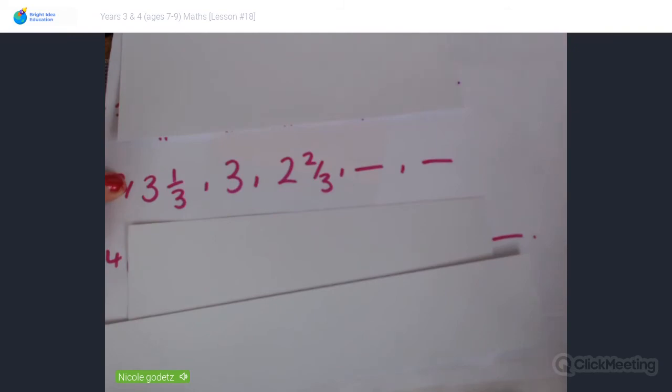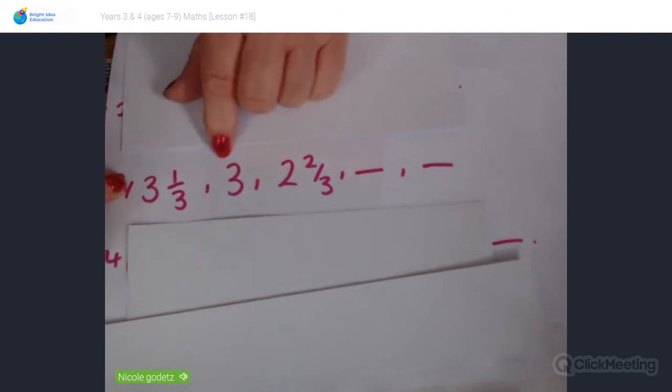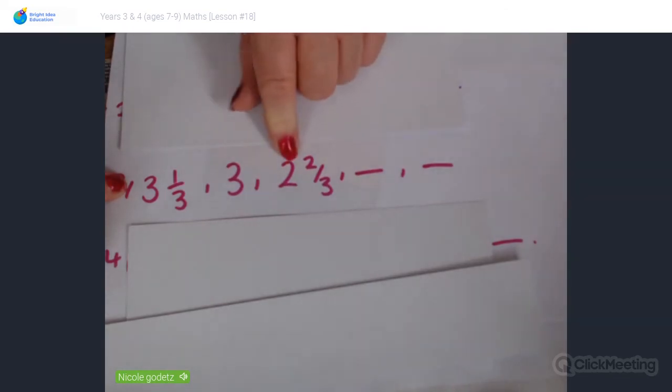Mixed fractions can be a little bit more tricky, can't they? If you look at what's happened here, it was 3 1/3, then it's 3, so we've gone down in 1/3. When we took 1/3 away from 3, we had 2 2/3.